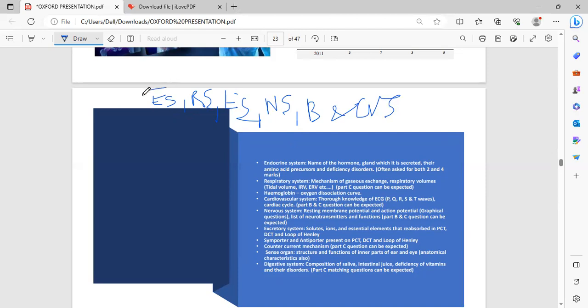In the endocrine system, they have mainly given the hormones and their functions. And next, in the respiratory system, they can ask in statements or either a graphical model. Coming to the excretory system also, there is a little bit of a numerical part, and like that statements also they give.